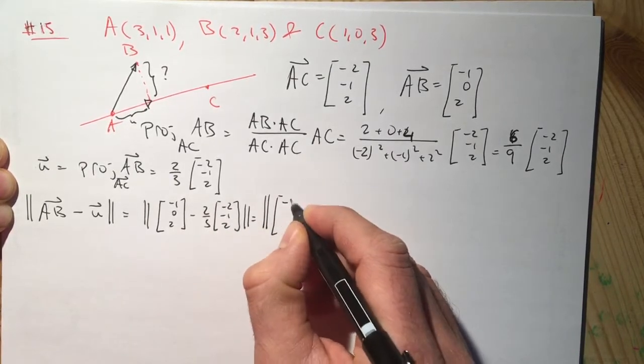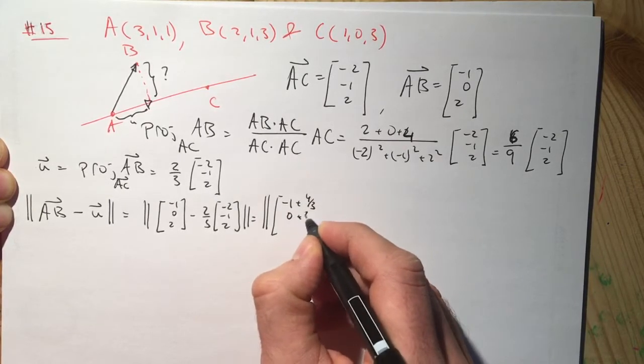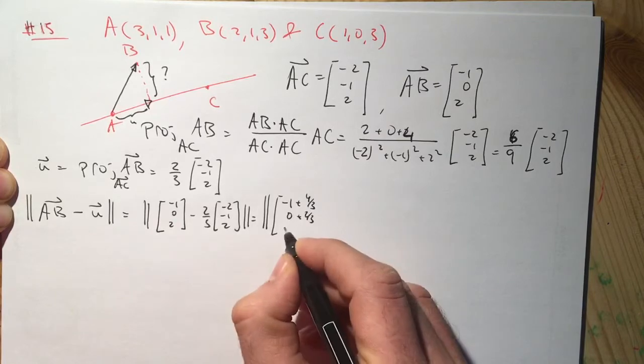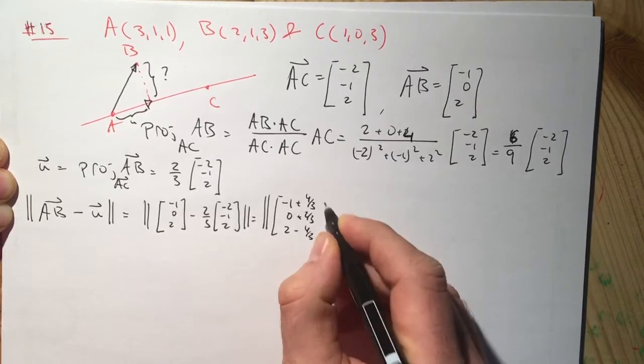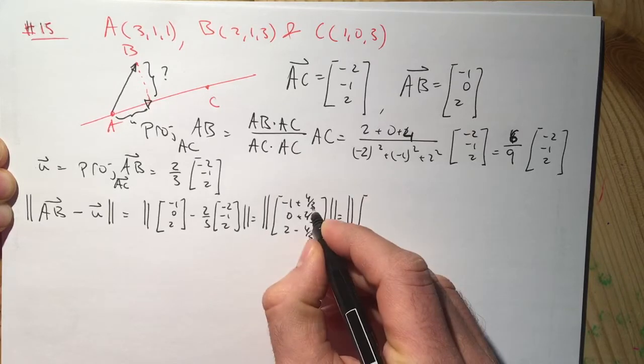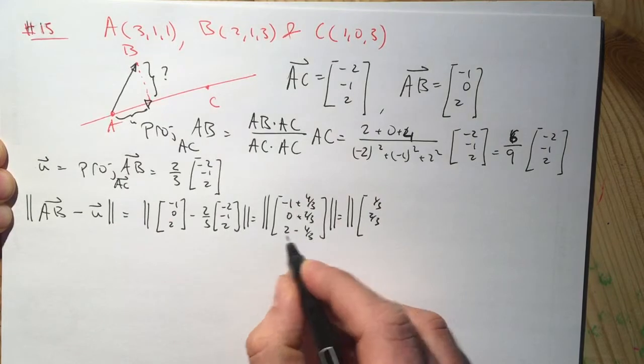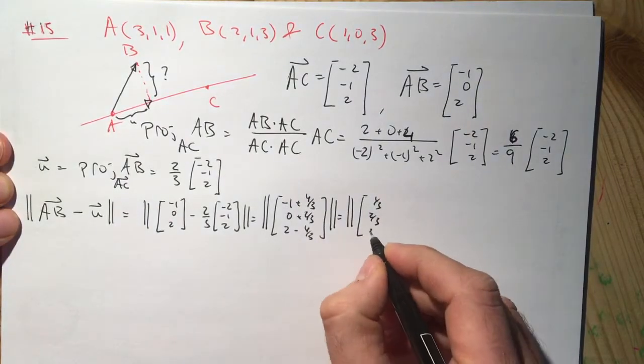That's equal to negative 1 plus 4 over 3, 0 plus 2 over 3, and 2 minus 4 over 3. So this is 1/3, 2/3, and 6 minus 4, 2/3.